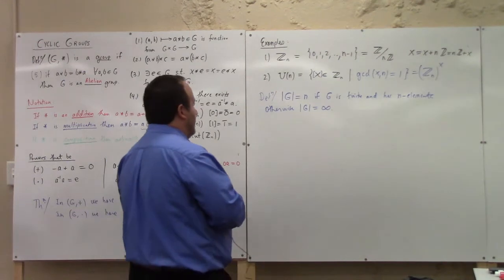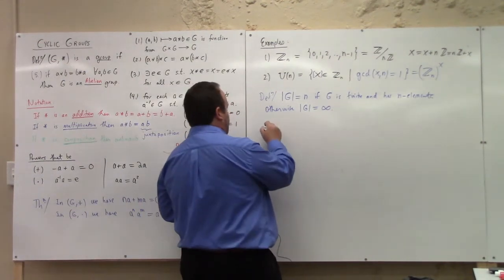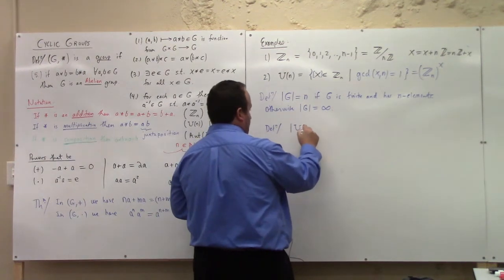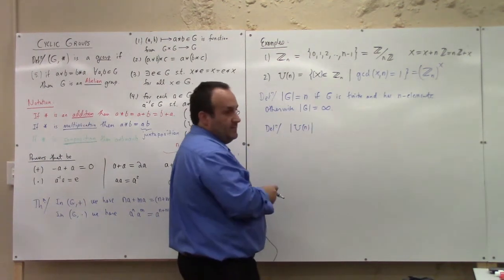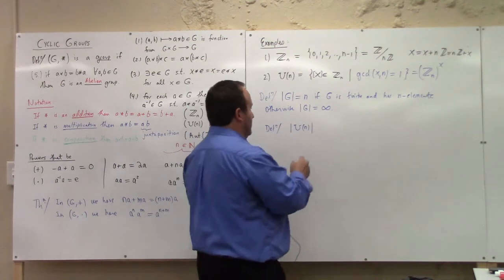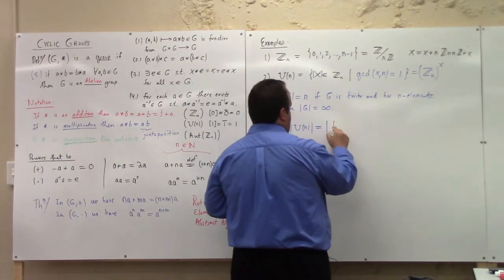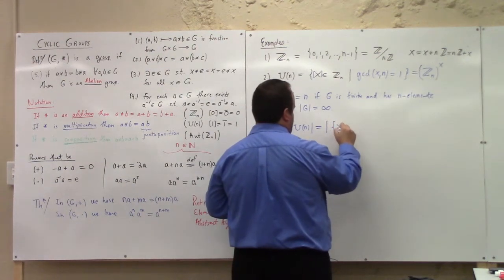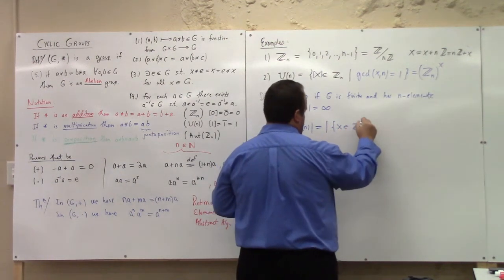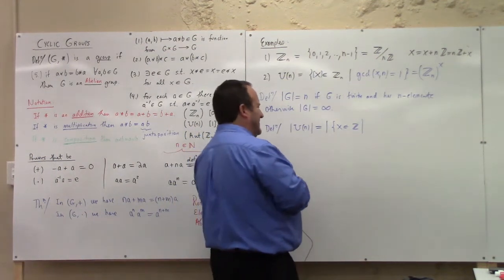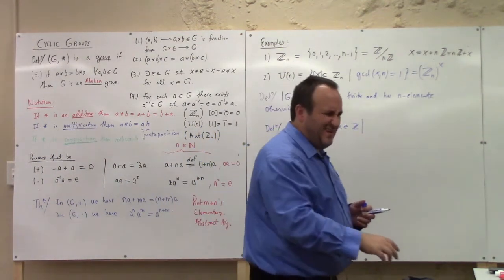Now, the definition, the order of UN. What is this equal to? It's the size of the set of X such that, well, it's not X in the integers. That's too much, we don't need that.